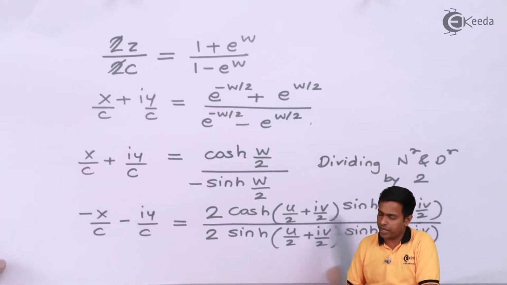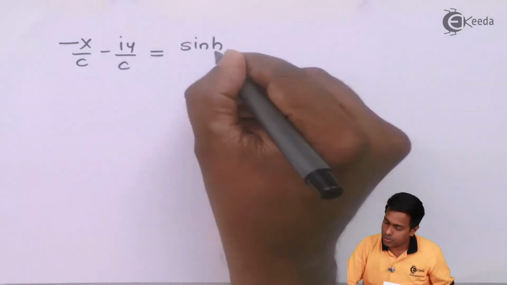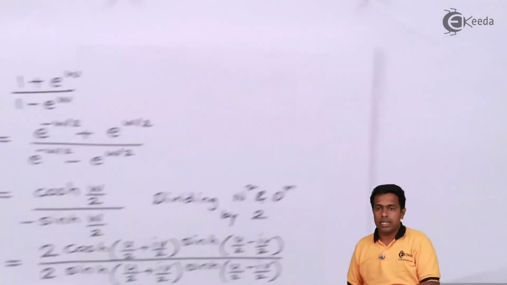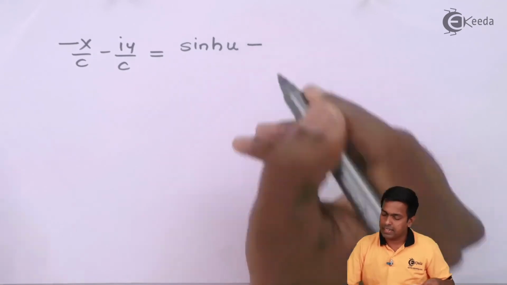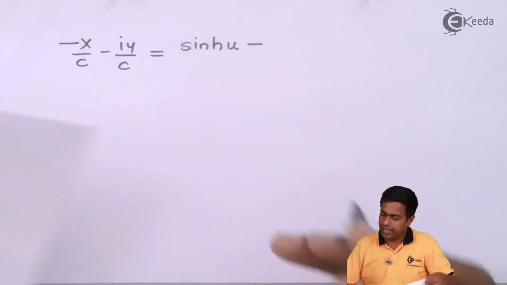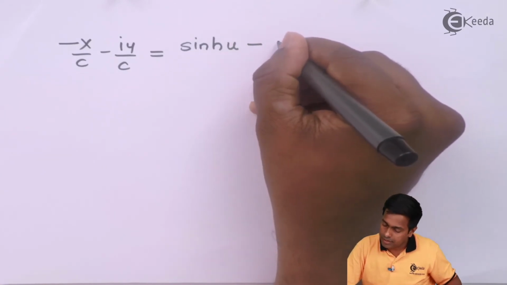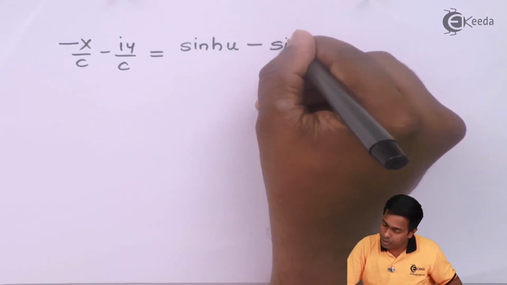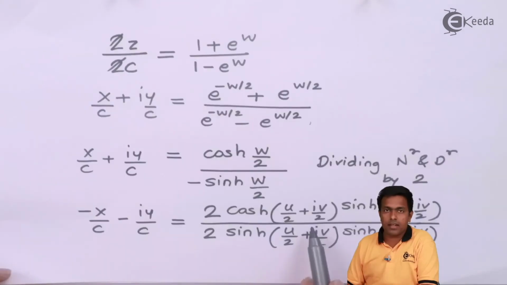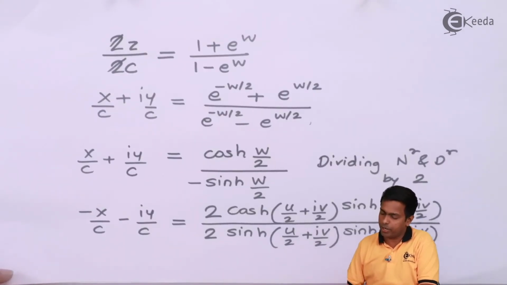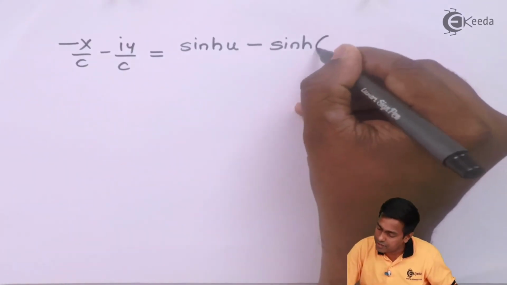If I add these two angles, we will get u by 2 plus u by 2, which is u. So here I'll say u. Next, middle sign is minus. Then we'll get hyperbolic sine of a minus b. So this minus this, u by 2 will be cancelled. We'll get iv by 2 plus iv by 2, which is iv.